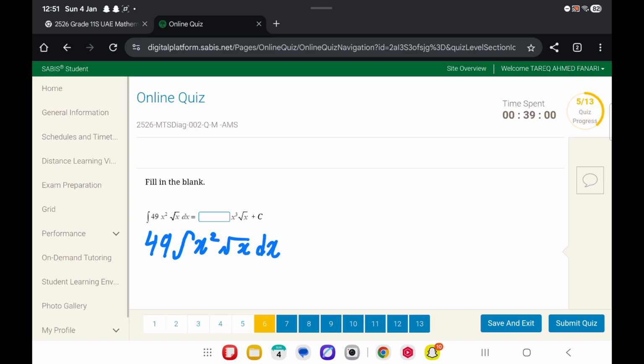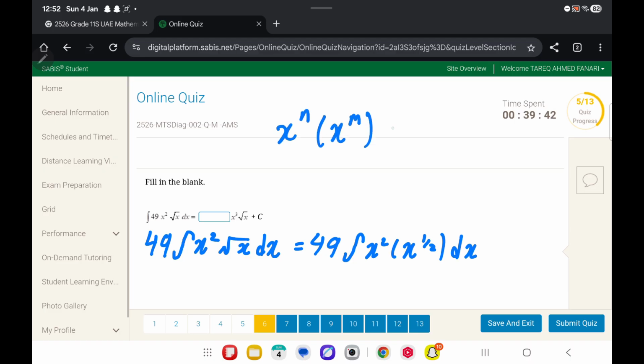Now, radical x, you can rewrite this as what? X to the power of 1 over 2. So this is equal to 49 times the integral of x squared multiplied by x to the power of 1 over 2 dx. Now, remember the rule, whenever you have x to the power of n multiplied by x to the power of m, what is it?